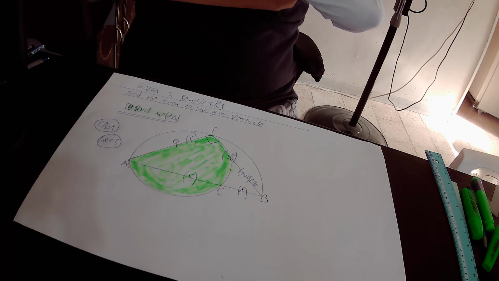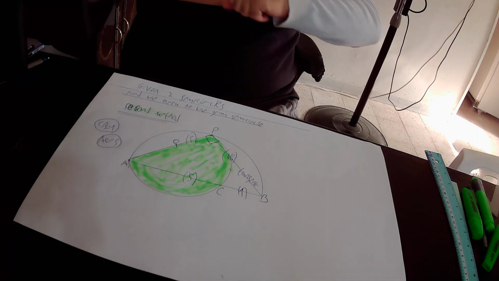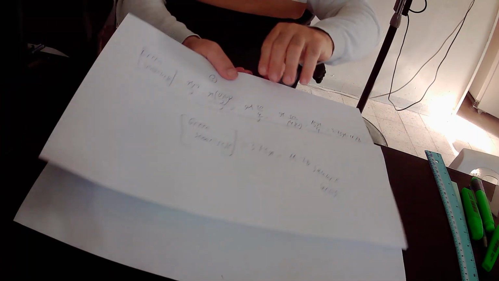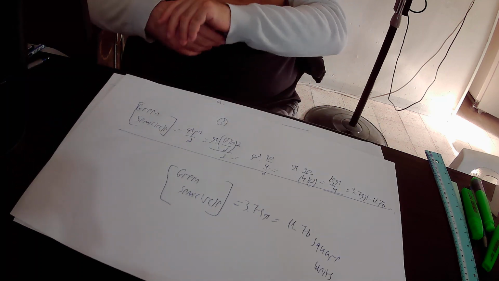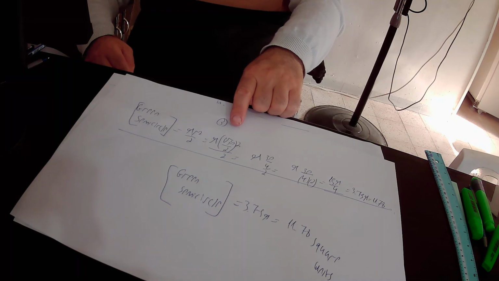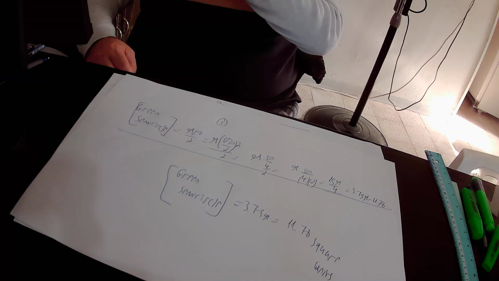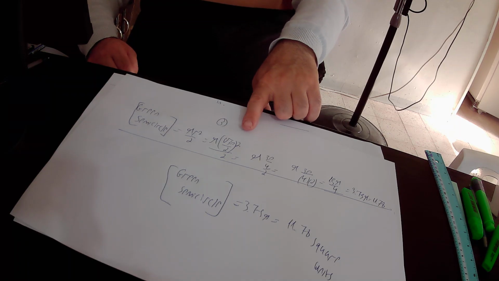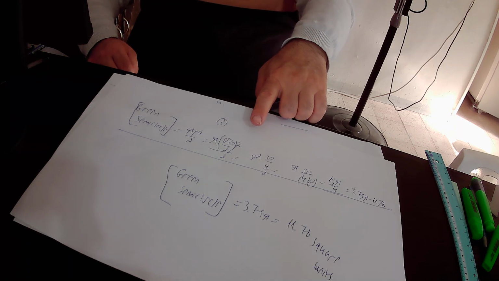The area of the green semicircle, of course, equals pi r squared over 2. Again, the area of the green semicircle equals pi r squared over 2. So it is pi, and r is equal to the square root of 30 over 2, therefore r squared is equal to the square root of 30 over 2, squared, divided by 2. So it is pi, open the bracket, the square root of 30 squared is 30, over 2 squared is 4, divided by 2.